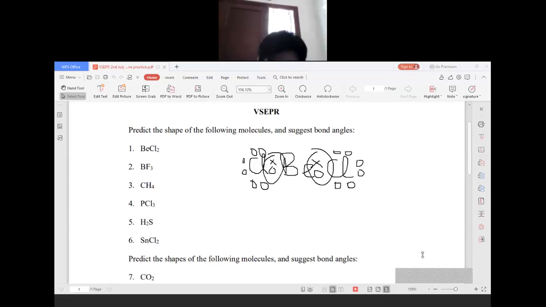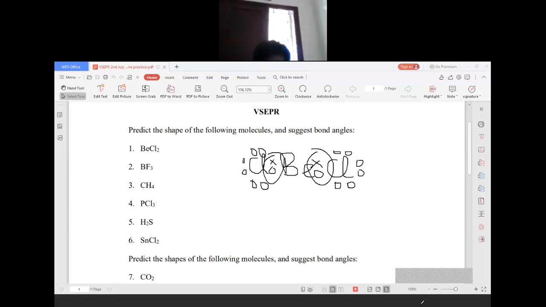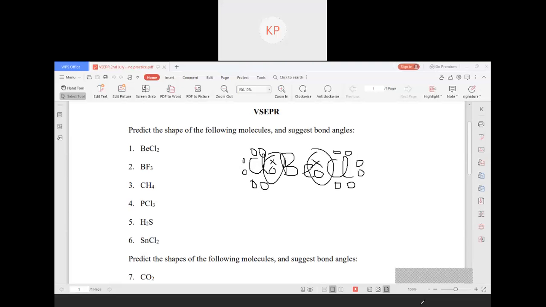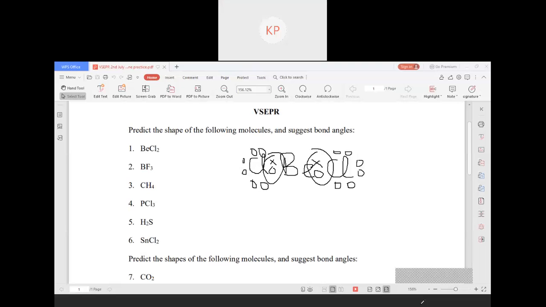How many electrons are there in the outermost shell of boron? Three. Three, right? Okay.